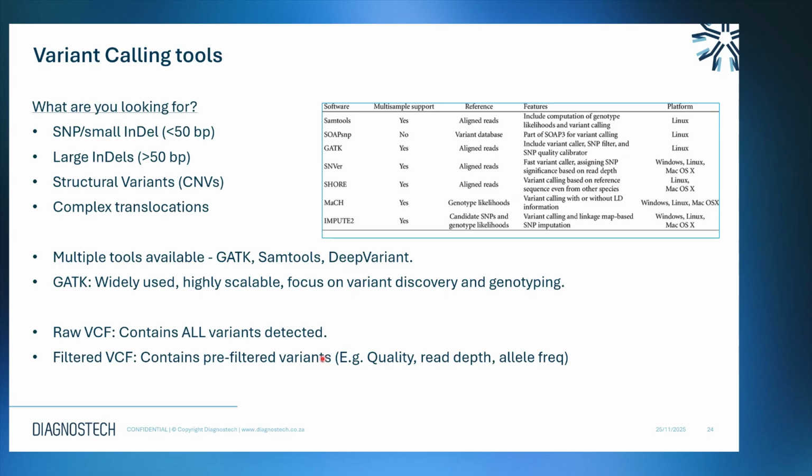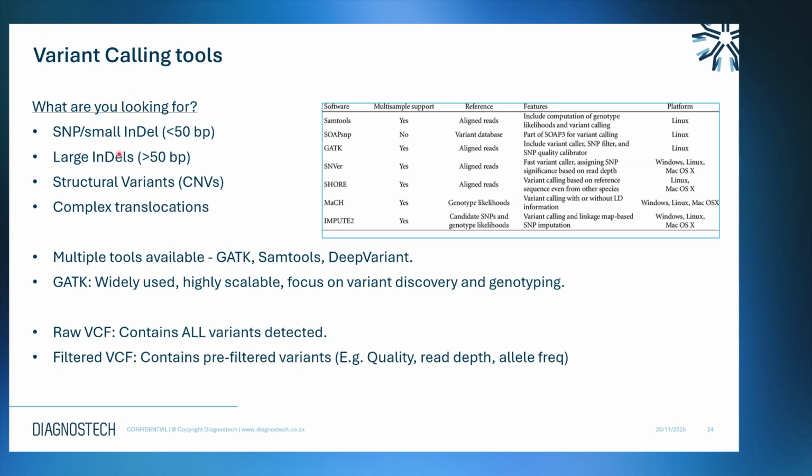When we look at variant calling tools, there are many out there, many well-known ones and very specific ones as well. Often you need to know what you're looking for. Some pipelines are better than others at specific functions. So in terms of what we're looking for with variants, is it SNPs or small indels, less than 50 base pairs?